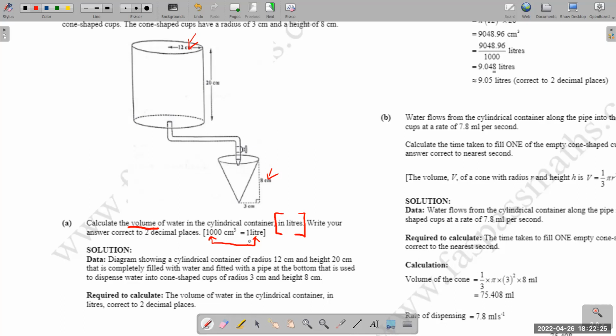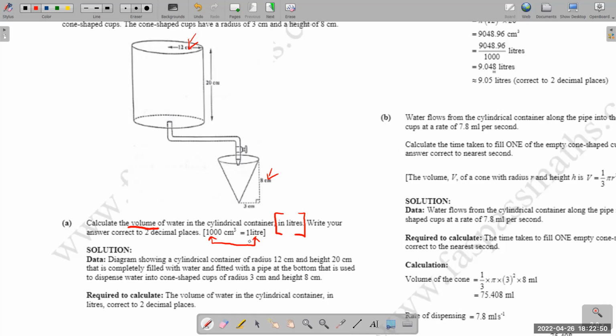Now that we generated the formula for the rate, let's look at what they ask us for. So let me reread the question. Water flows from the container, the one that we just calculated, along the pipe into a cone. So you see what shape it is? Cone-shaped cups at a rate of 7.8 milliliters per second.